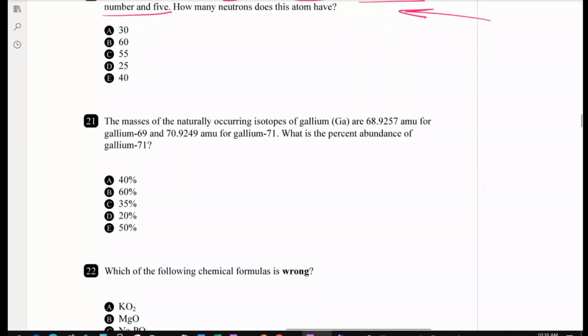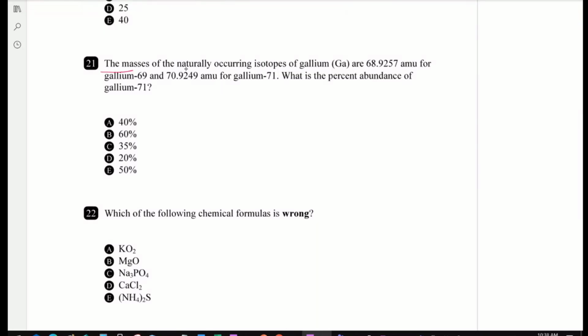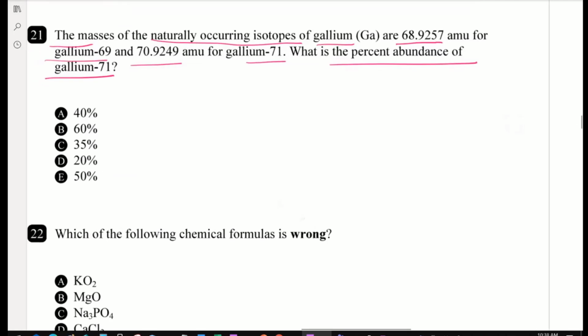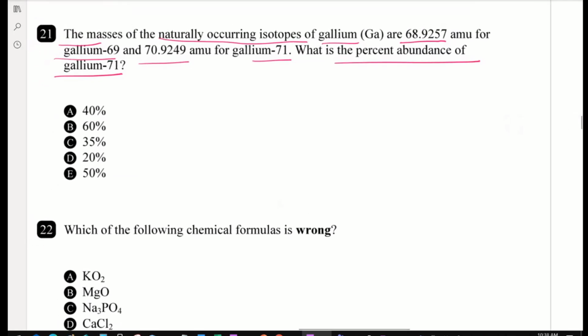The masses of the naturally occurring isotopes of gallium are 68.9 AMU for gallium 69 and 70.9 for gallium 71. What is the percent abundance of gallium 71? So here we have two isotopes, gallium 69 and gallium 71. We need to find the percentage of gallium 71.